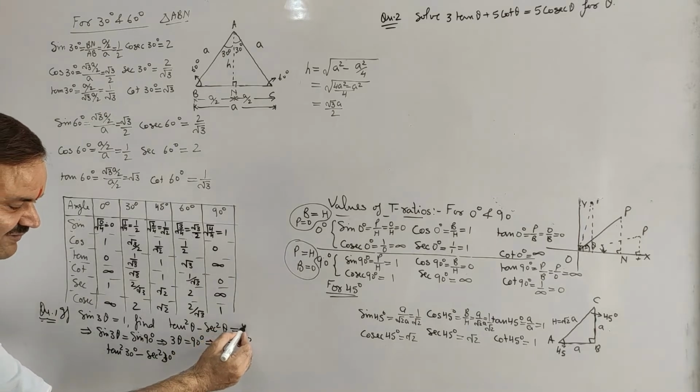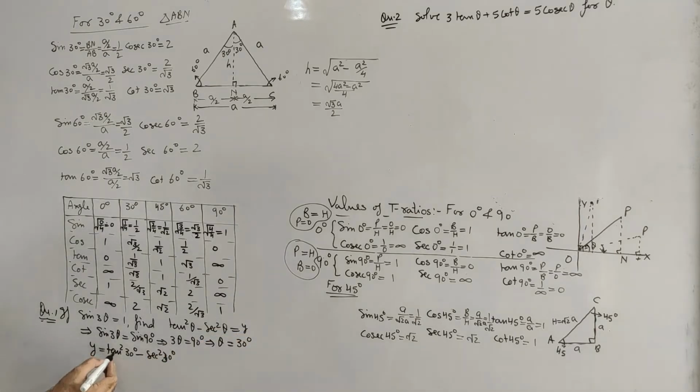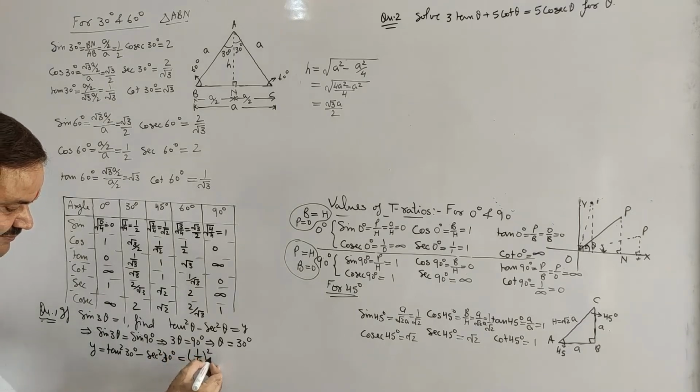Let this value be y, so y is equal to tan square 30 degree, which will be the square of tan 30, that is 1 by root 3 square, minus sec square 30 degree.